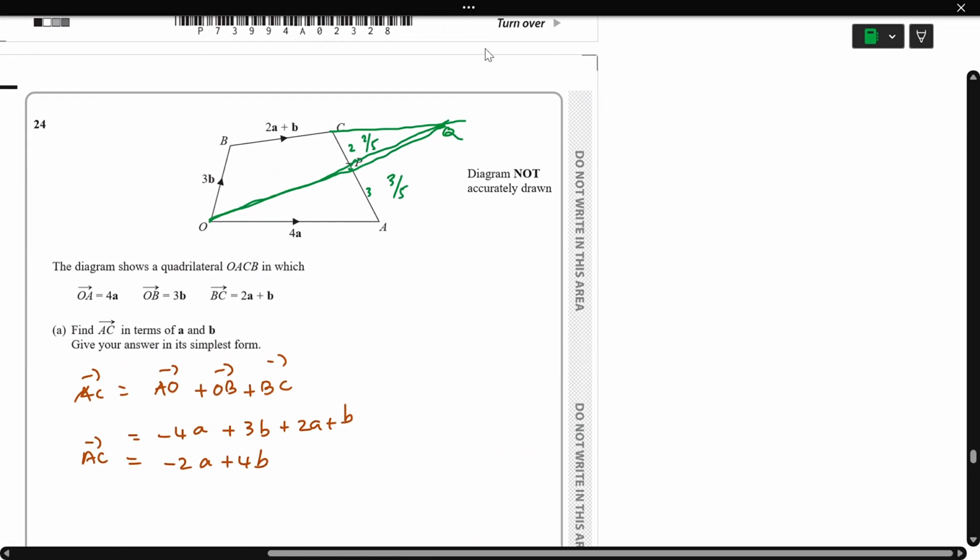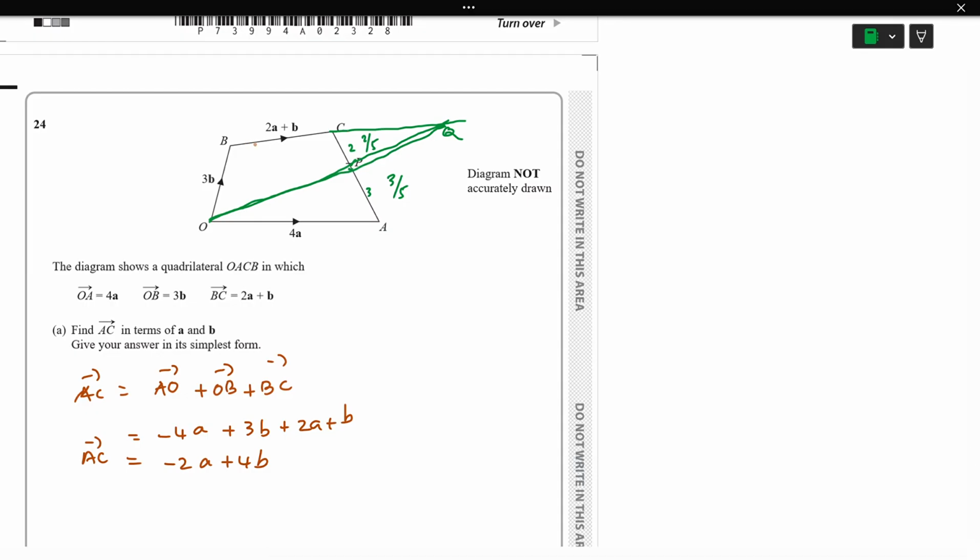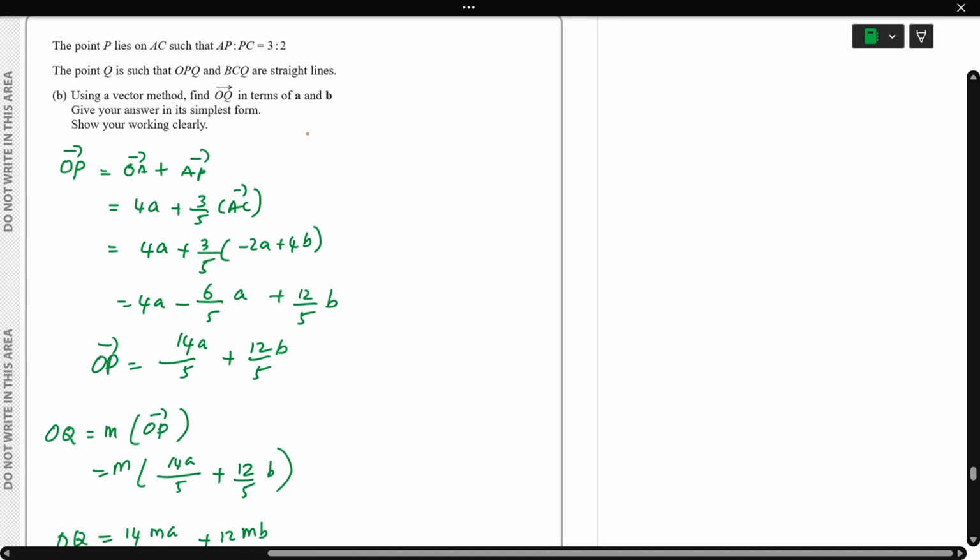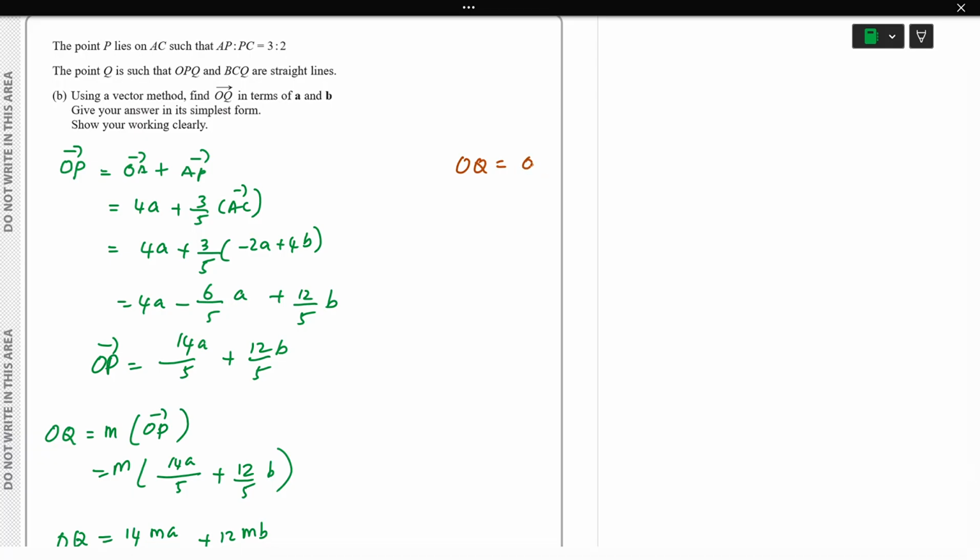I can go the other way, which is OB plus some vector of BC. So I'll write OB plus BQ. Again I'll write another OQ, which is OB plus BQ. OB we already know, which is 3B, plus BQ is some ratio.